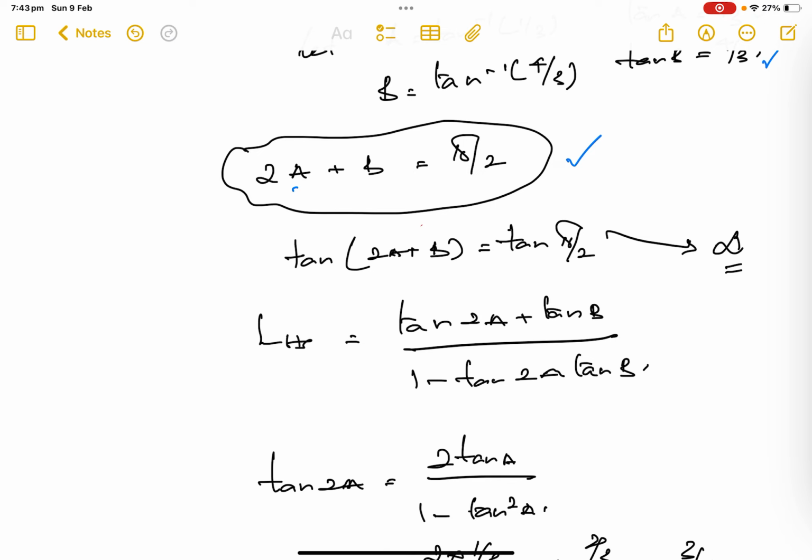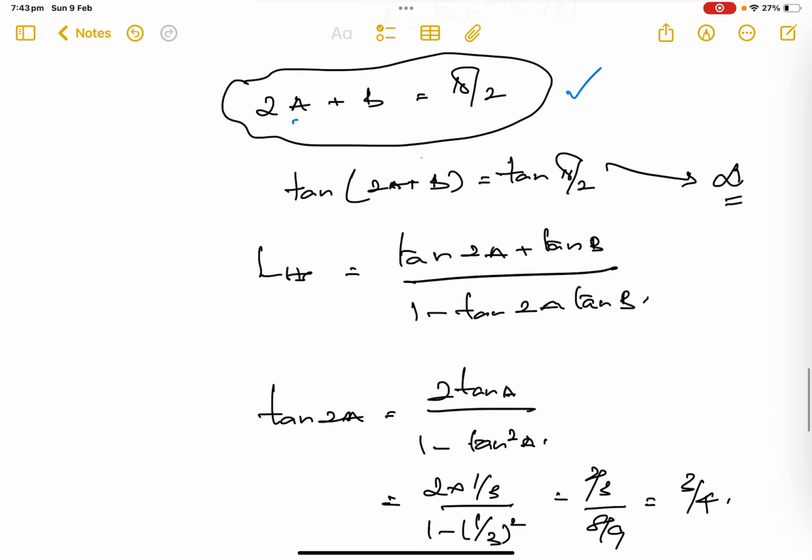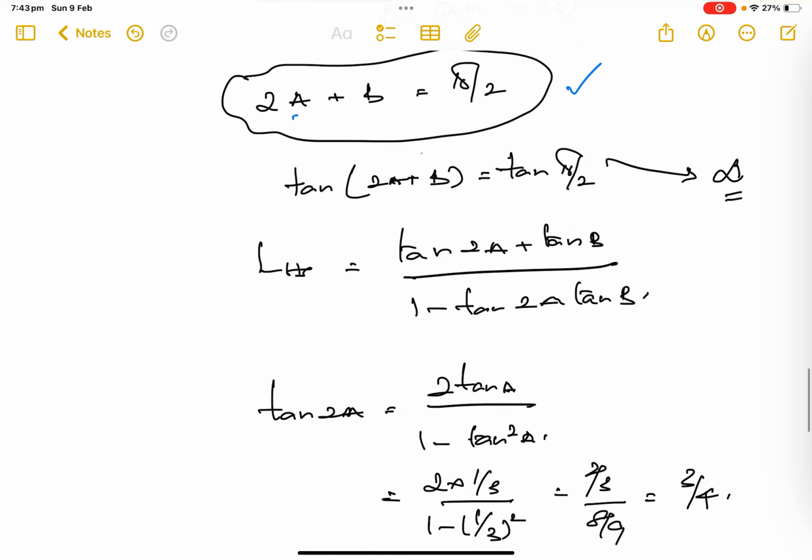If I could prove that, then job done. If I can prove that it is infinity, therefore the angle 2A plus B is pi by 2. Right, okay, let's do that. Just deal with the left-hand side: tan (2A plus B).